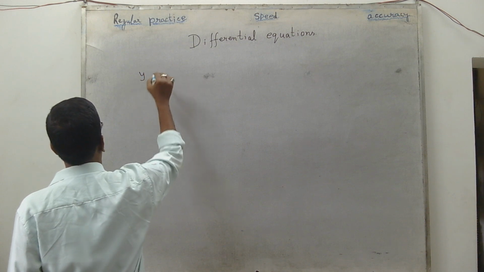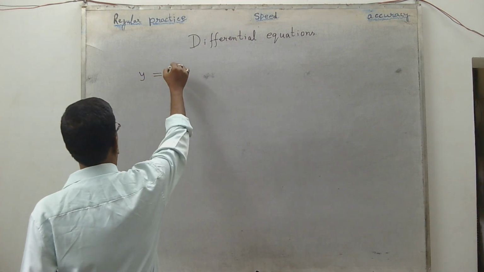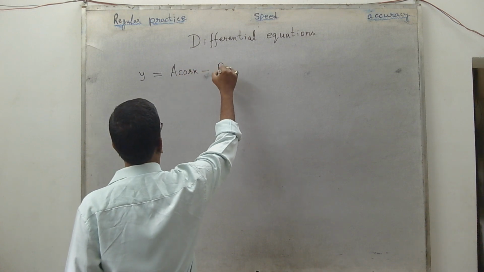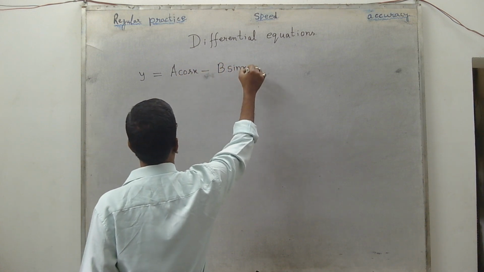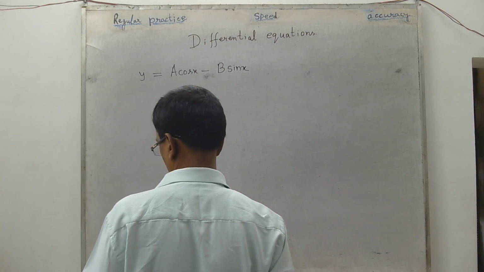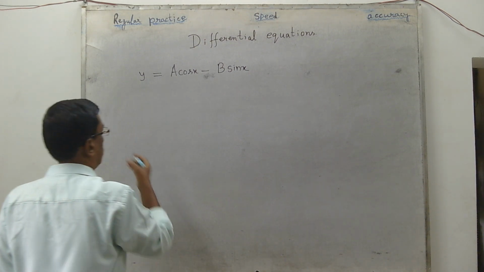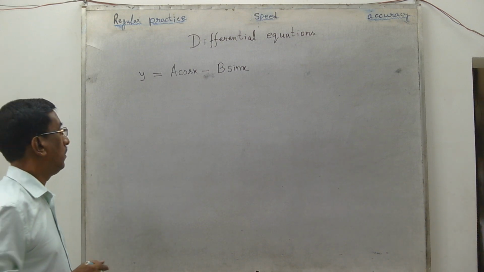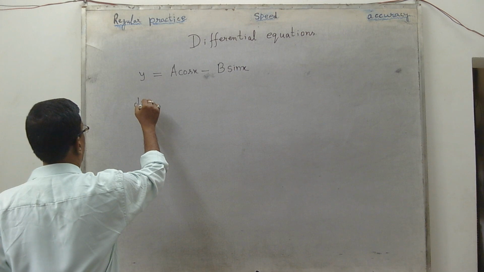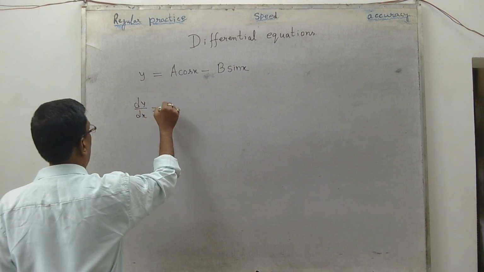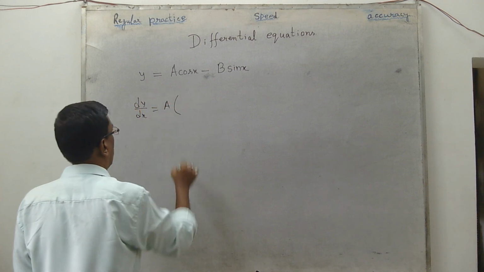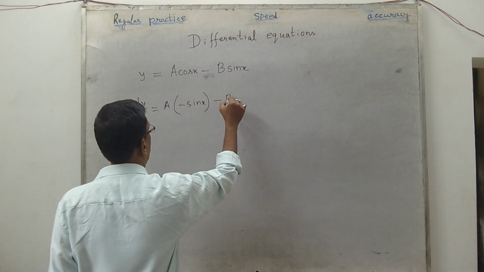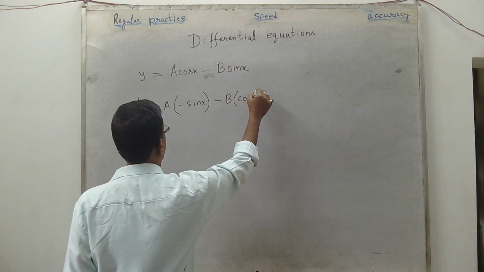y equal to A cos x minus B sin x. Now you know how to differentiate. dy by dx equals A times minus sin x minus B cos x.